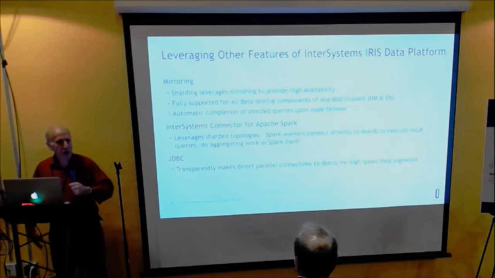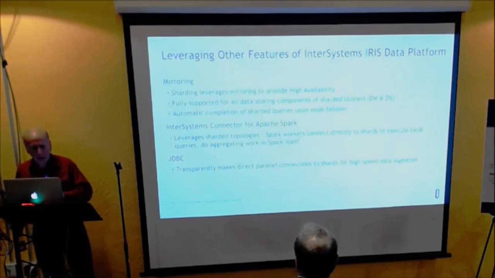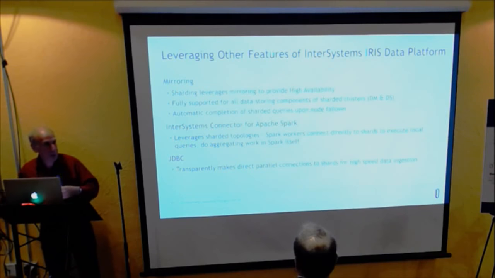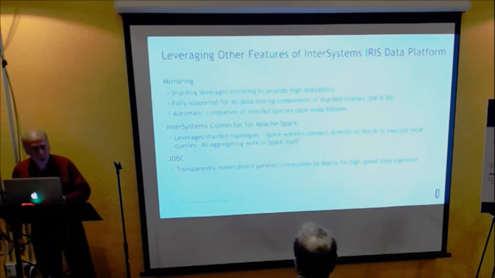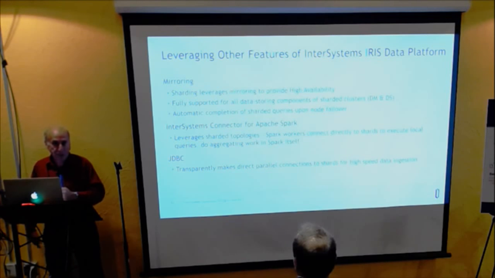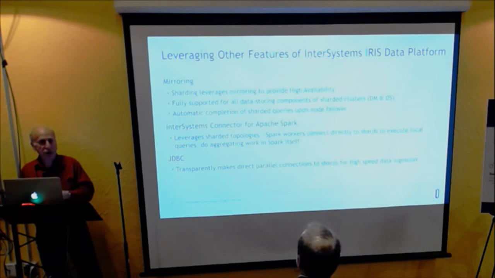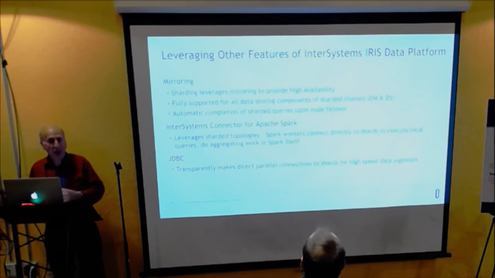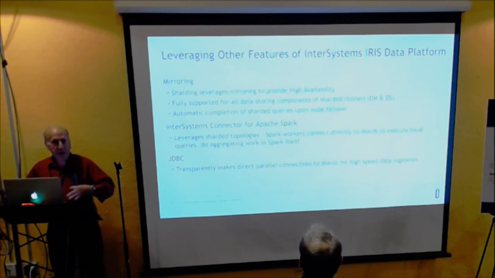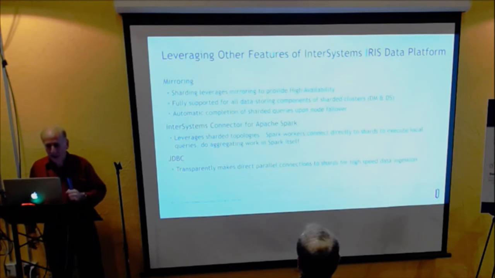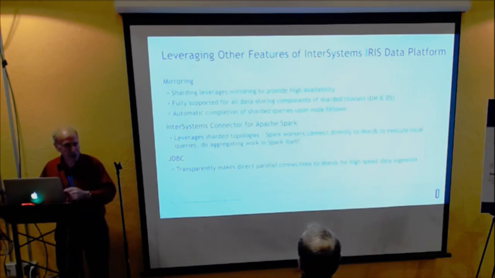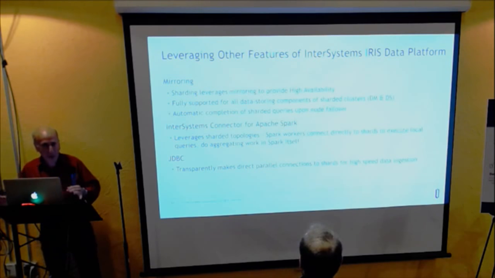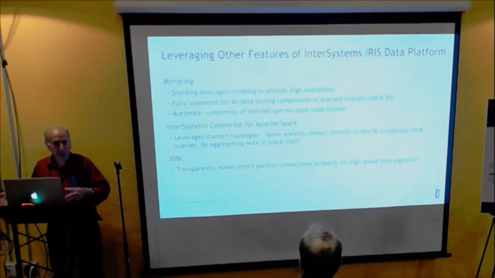Another important new component of InterSystems IRIS data platform, which hopefully will be talked about in another of these meetups, is the InterSystems connector for Apache Spark, or just the Spark connector as we call it, which leverages our sharded topology to let you bring to bear the parallel application execution and analytic power of Spark, which is originally part of the Hadoop ecosystem, but has been generalized so that it can be pointed at other data sources.